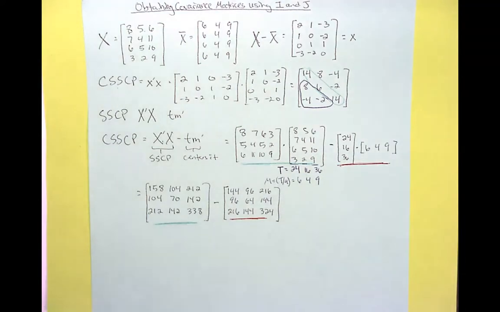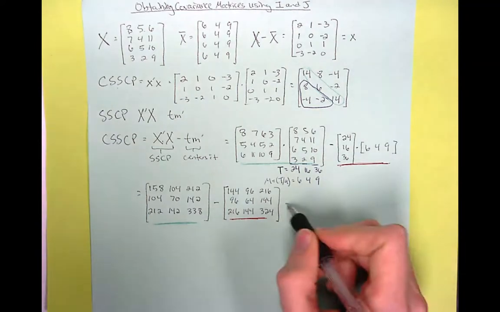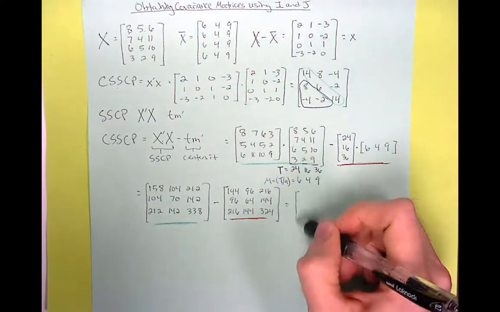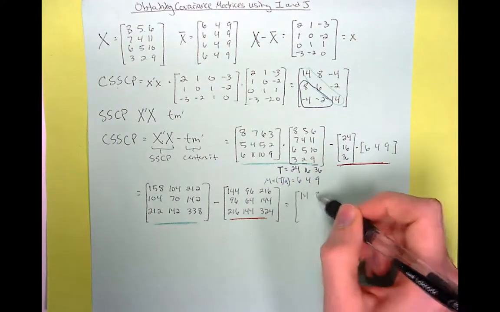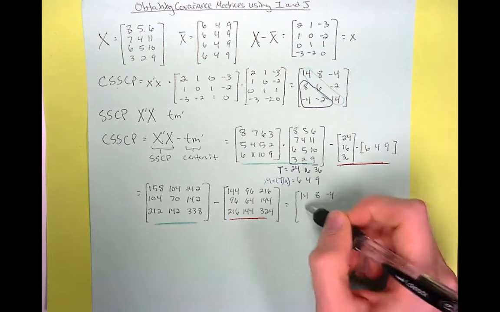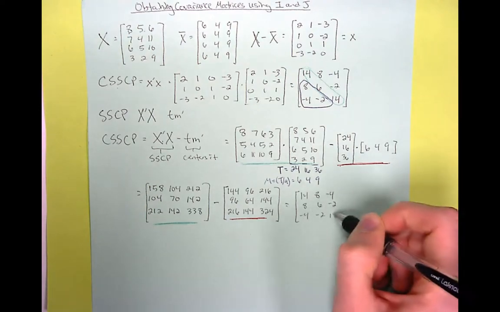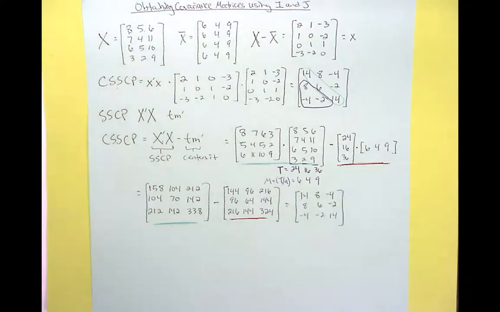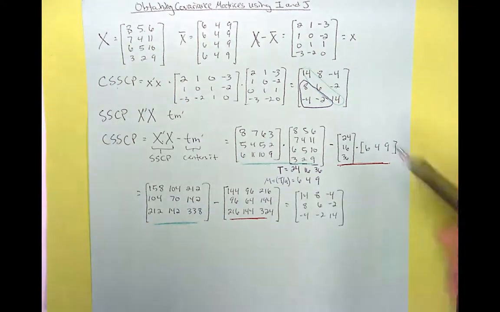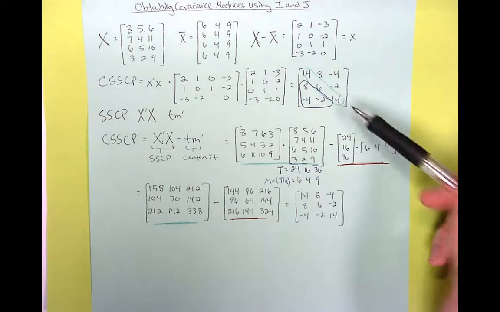Okay. We just subtract that out, and what do we get? We get 14, 8, negative 4, 8, 6, negative 2, negative 4, negative 2, 14. Look familiar? Yeah, it's the same thing that we got up here. So these are actually equivalent.